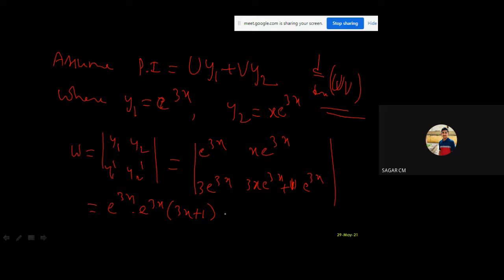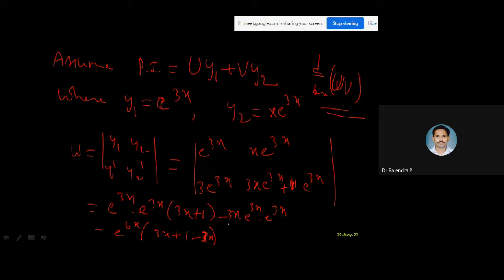And here, minus x into 3 into e power 3x into e power 3x. That will of course be e power 6x. When bases are the same, you can add the powers. E power 6x I can take as common, right? Then this will be 3x plus 1, minus 3x.